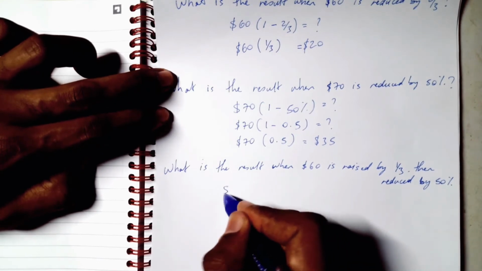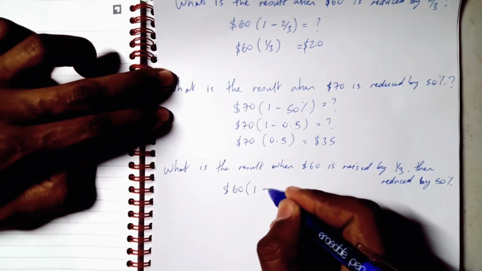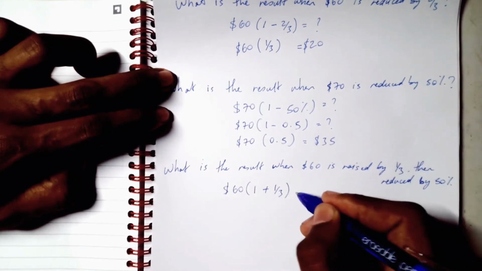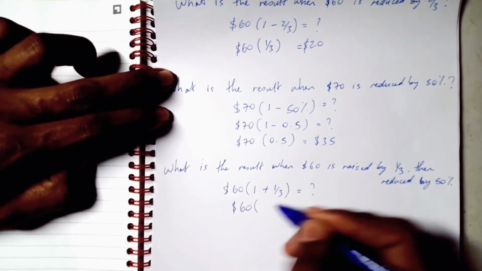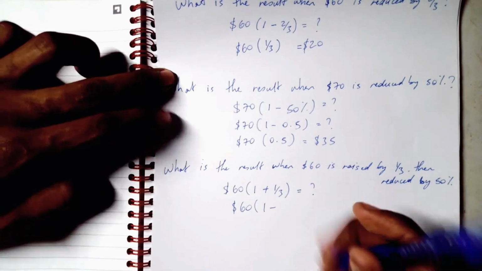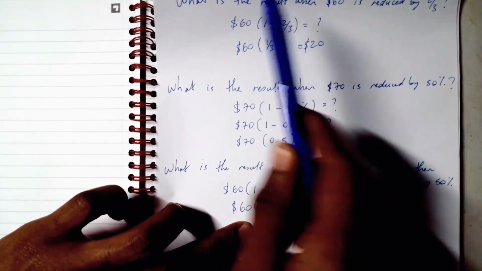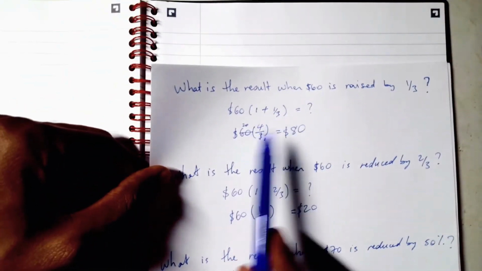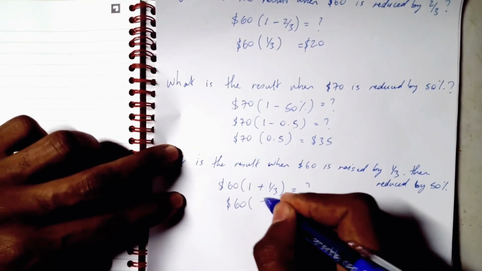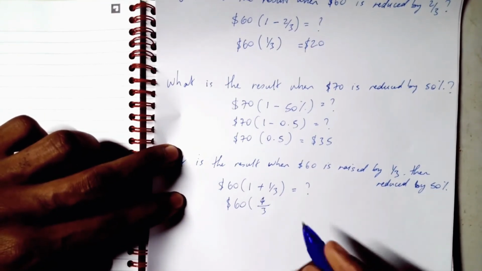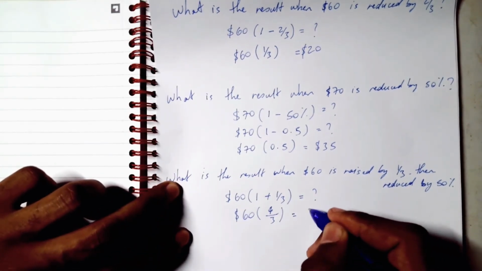So it's going to be $60 increasing by a third. Let me just rub this out and just do it, because we already did it up here. We already did it here, but we're just going to do it again quickly down here, which is going to be 4/3, which is equal to $80.